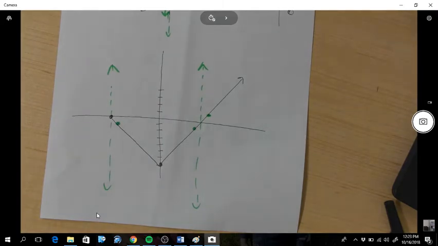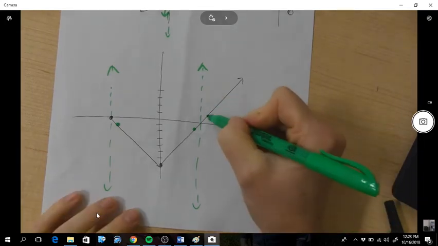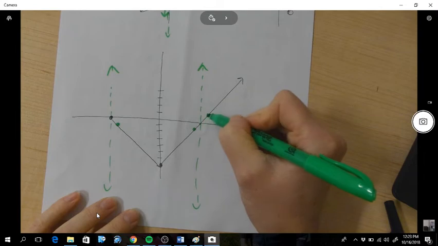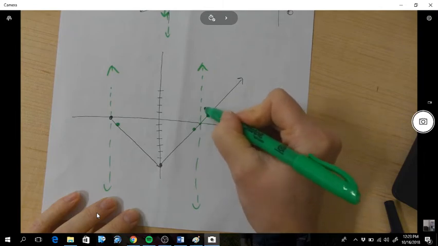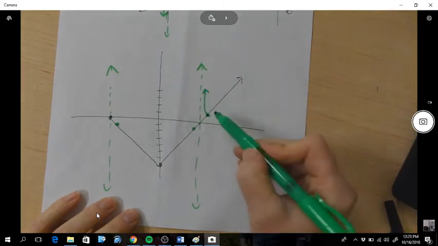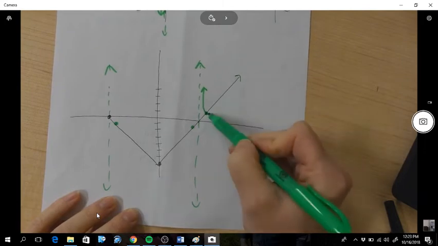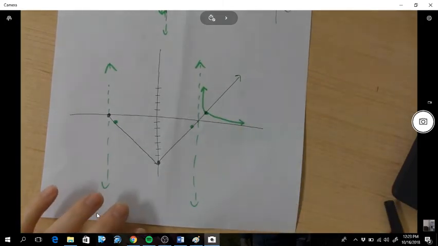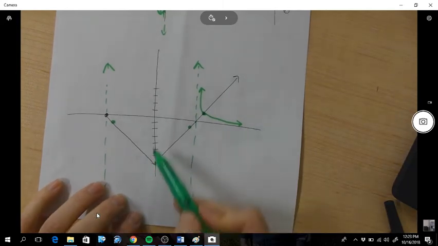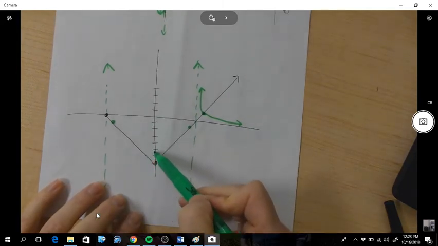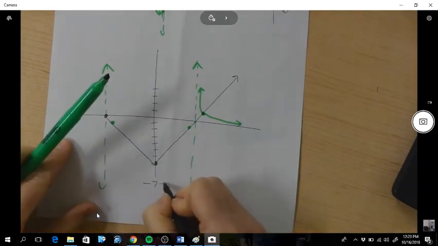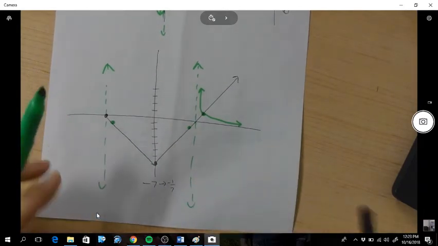Now I'm going to look for closer to 0 or away from 0 patterns. From this point to my asymptote, I went closer to 0, so I go away from 0. From here to here, I'm going away, so now I go closer to 0. I can actually take this number, so 1, 2, 3, 4, 5, 6, 7. So -7 becomes -1/7.